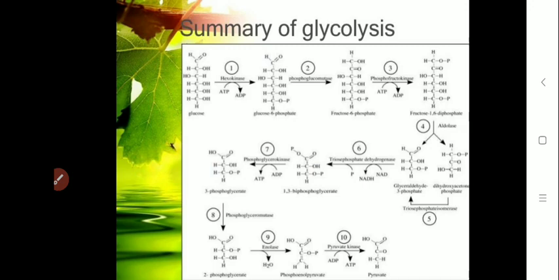If we see the net reaction of glycolysis, glucose plus 2 NAD plus, 2 ADP, and 2 H2PO4 are converted to pyruvate.